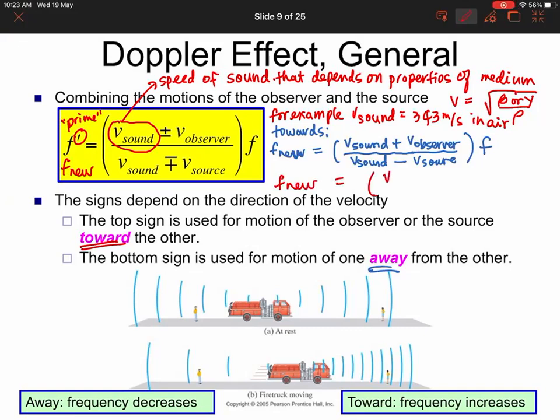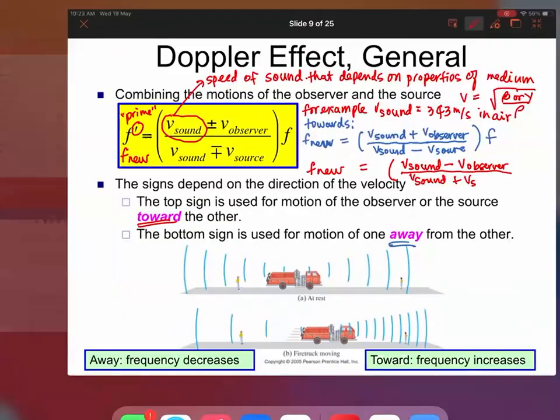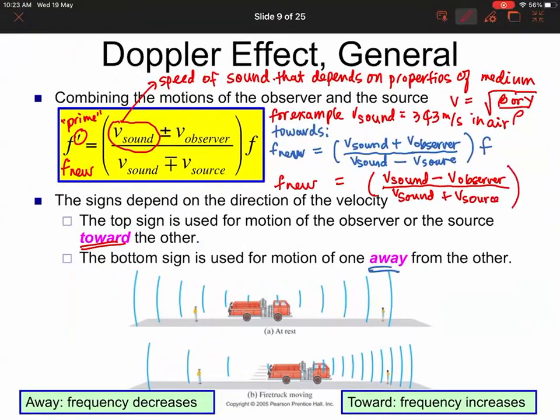So that will be V sound minus V observer on top, divided by V sound plus V source at the bottom, times the old frequency. Okay, so don't forget to multiply the bracket with the old frequency. Usually that's commonly forgotten.